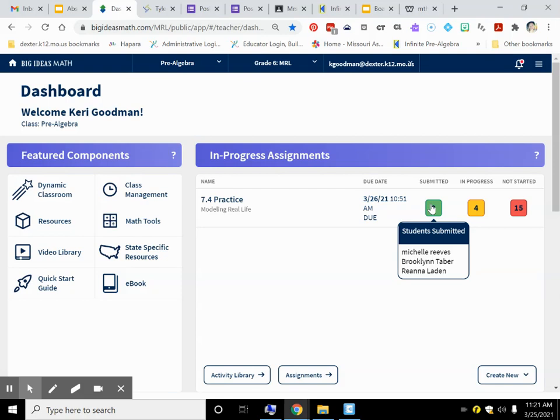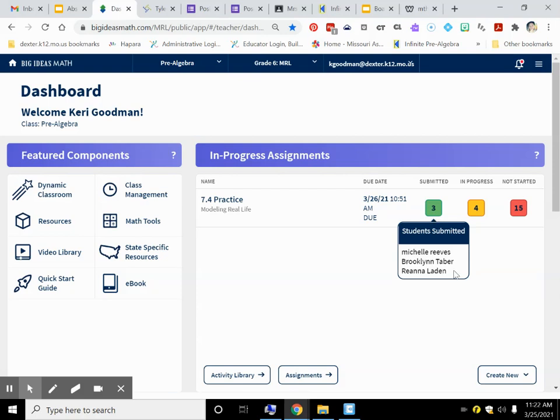Some of you already have it completed. Those of you that have it completed, you're free to work on whatever you would like, or even play on your Chromebook, as long as you're not distracting or talking to others. Make sure you've turned in your work. In order to get credit, you have to turn in your work.